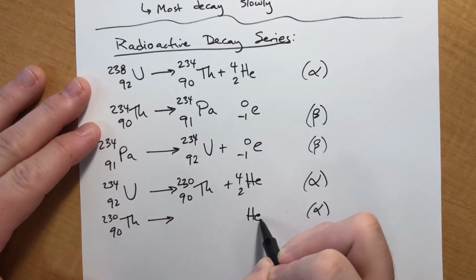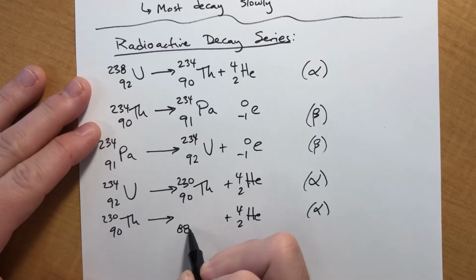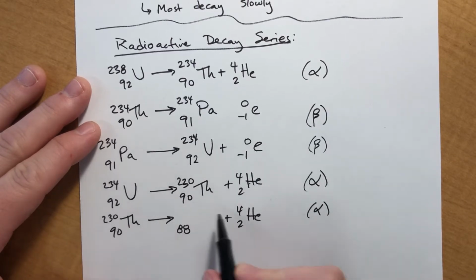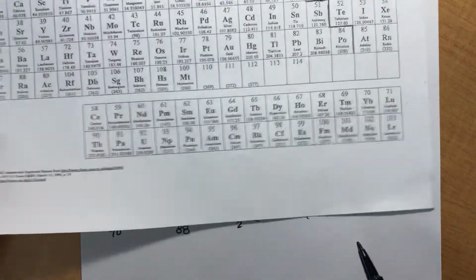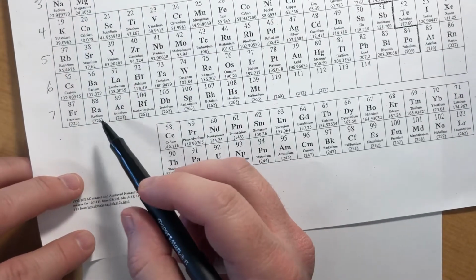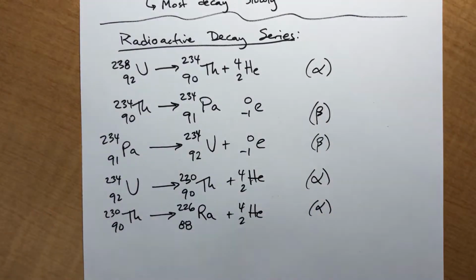So to make this work, this has to be an 88, and 230 minus 4 is 226. Element 88 is radium. And radium is an alpha particle emitter, and so on and so forth.